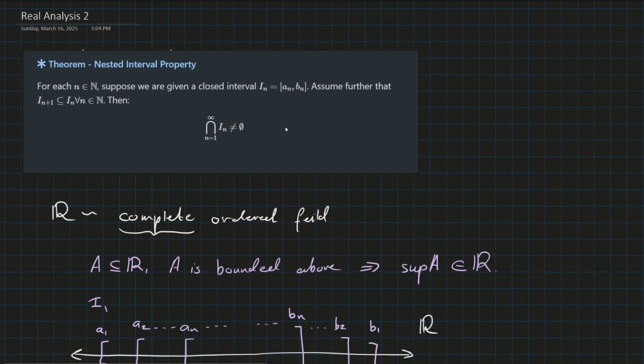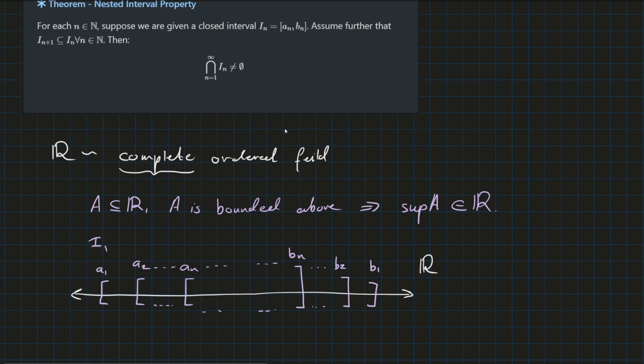So we're taking the infinite intersection of all these intervals. And the claim is that that's never empty. I can keep nesting closed intervals within each other, and I can never squeeze in so much that I lose access to any number on the line. It's another way to interpret the completeness.